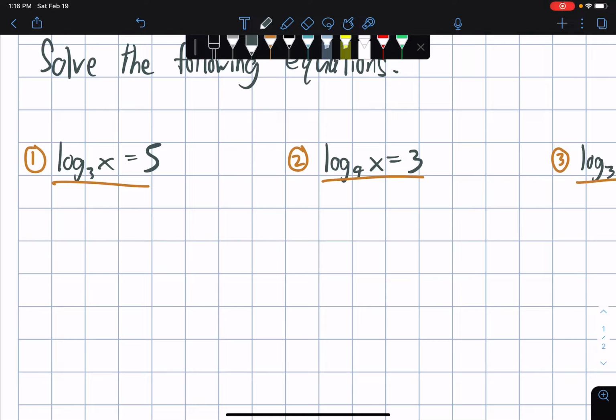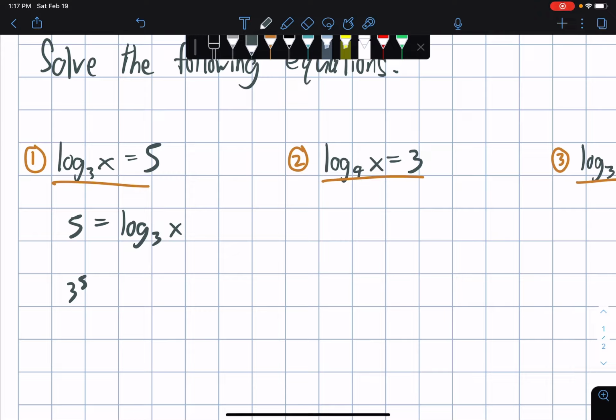Log base 3 of x is equal to 5. We switch the values. Left will be at the right, values will be at the left. So we have this, and convert this logarithmic equation into exponential. The sub-value of the logarithm will be the base at the left side.